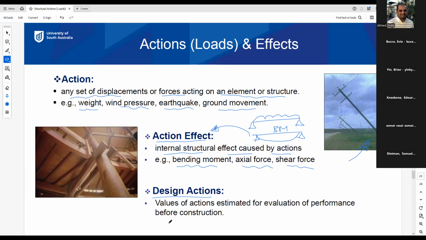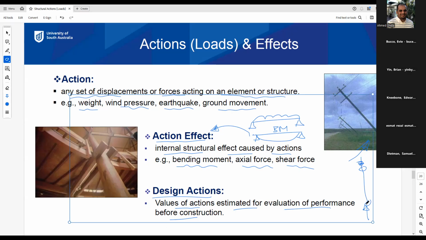What is a design action? Design action is the value of action estimated for evaluation of performance before construction. So, for example, when you are designing a building, you have some members like beams, columns, and so on that we will have in this course. When you are designing a column, for example, you need to find how much is the load on this member.